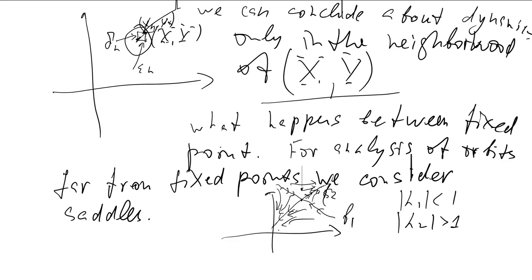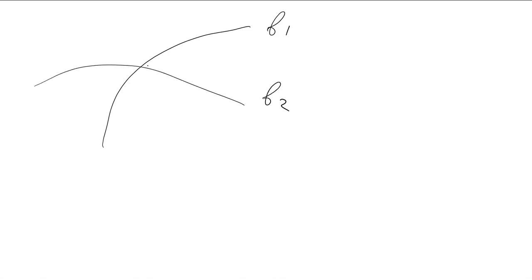So this can be bent, and B2 also can be bent. So generally, I can put it like this. This is the B1 line, this is the B2 line, and this is the saddle point.